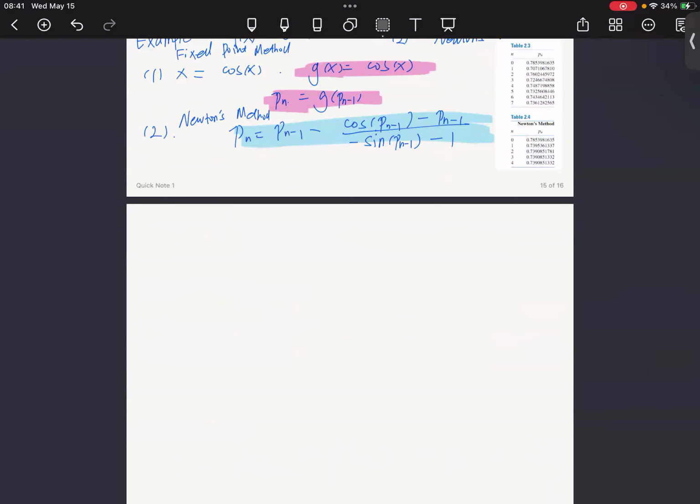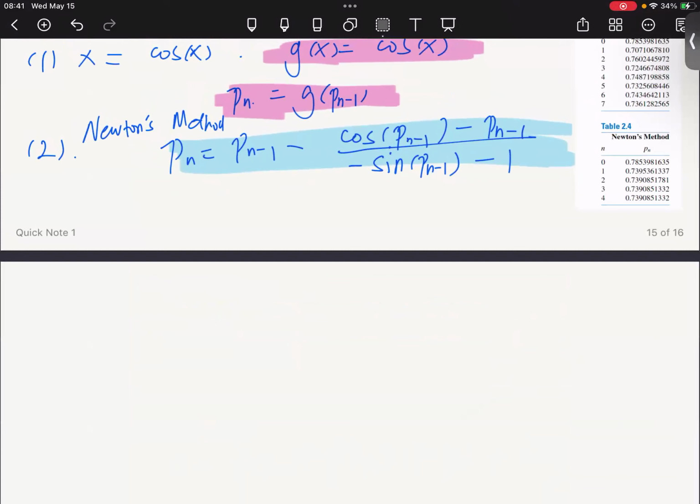Okay, so I'm going to talk about the theorem, the convergence result of Newton's method, but I'm not going to prove this today. I'm going to leave the proof to Friday.